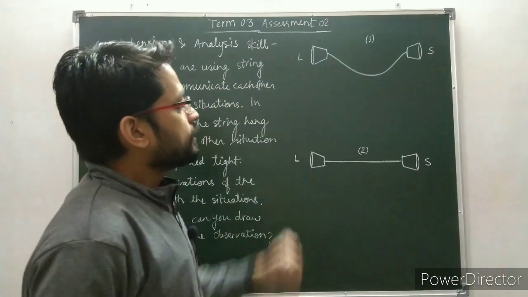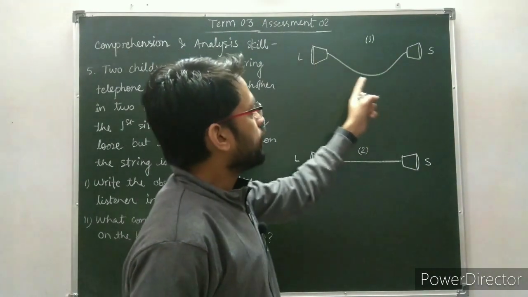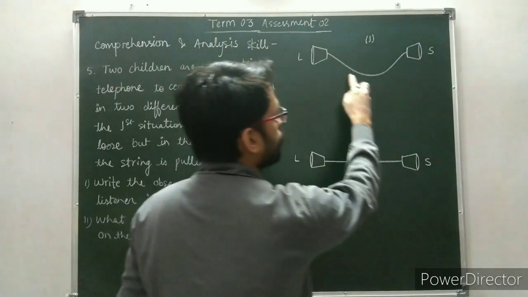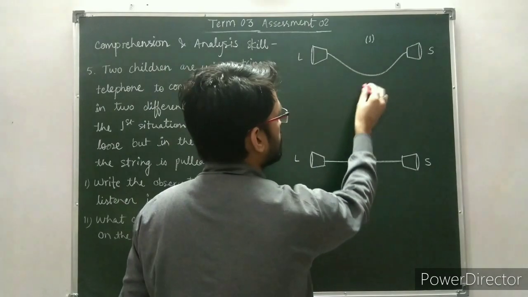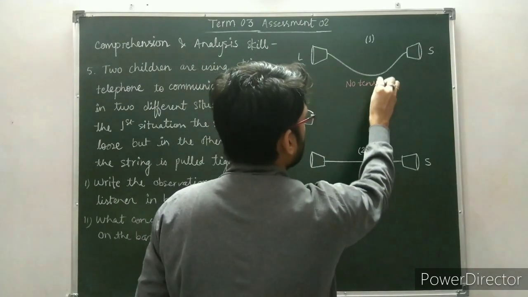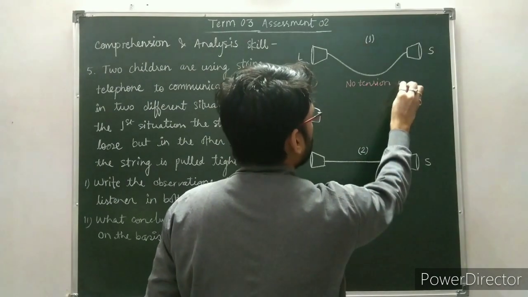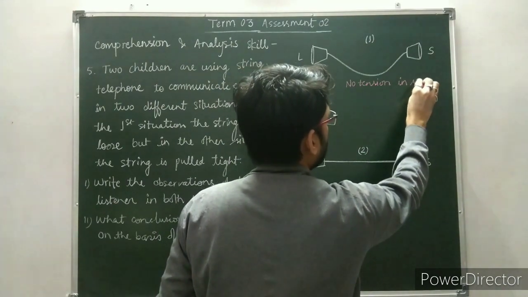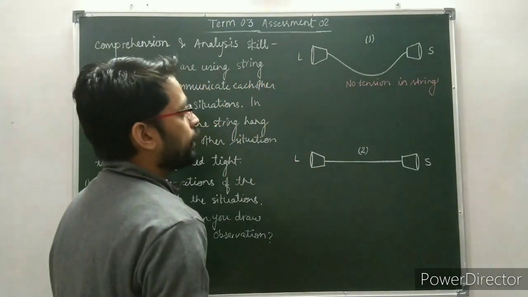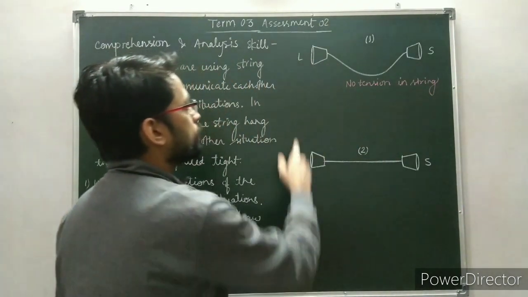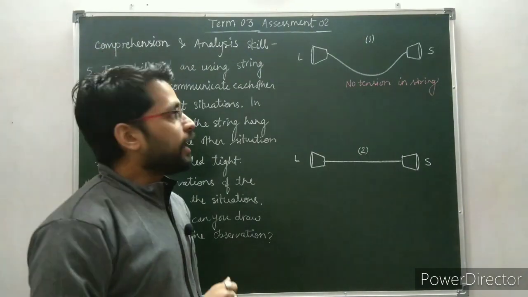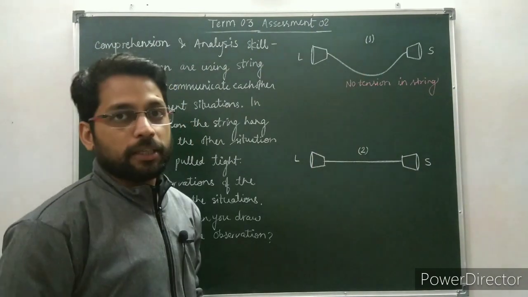So in the first case, when the string is loose, it means there is no tension in the string. And in this case the listener doesn't hear any voice of the speaker.